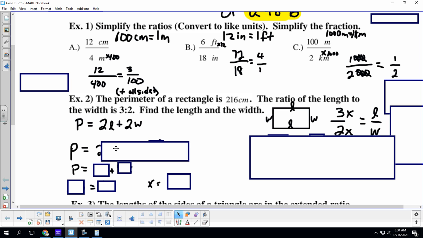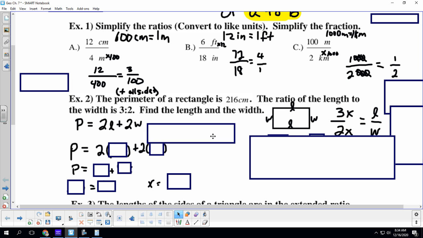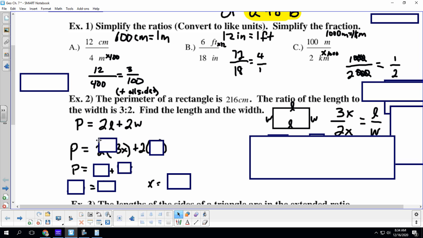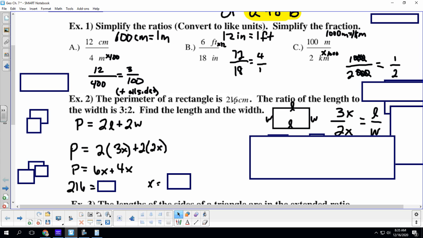So we go 2 times 3x plus 2 times 2x, because we don't know how blown up our rectangle is from the 3 to 2 ratio. 2 times 3x is 6x, 2 times 2x is 4x. Perimeter is 216. I didn't make it up, it's just sitting here. And 6x plus 4x is 10x.